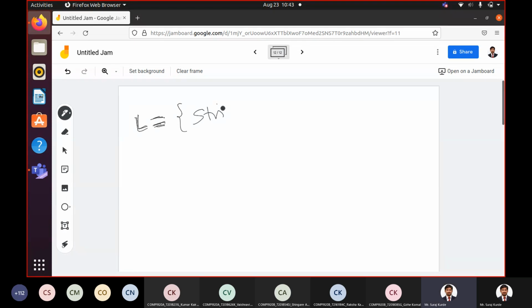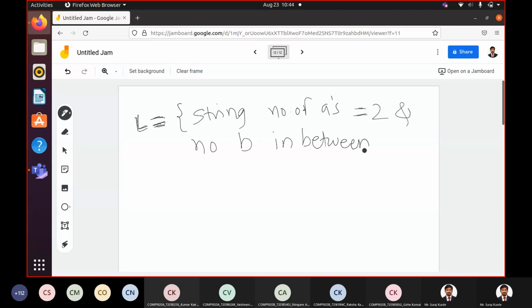So L is a set of strings where the number of A's is equal to 2, and no B in between A's. Minimum string is AA. B can be repeated any number of times.